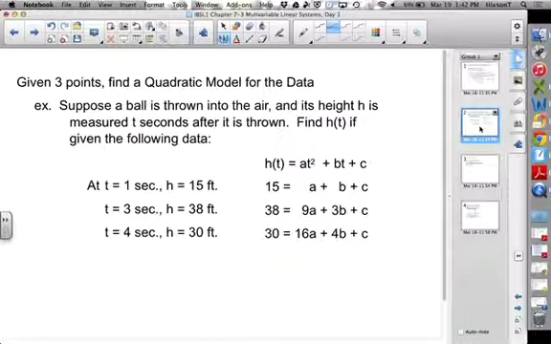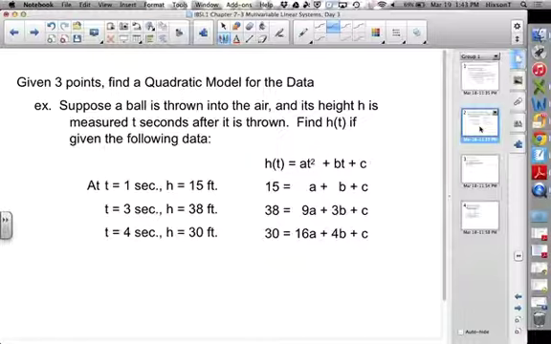If I plug in my second point, 3 squared is 9, so I have 9a plus 3b plus c equals my height, 38. And then 16a plus 4b plus c, because I have 4 seconds, so 4 squared is 16, equals my height 30. And you can tell at some point in here we must have hit the peak because we're on our way down now.